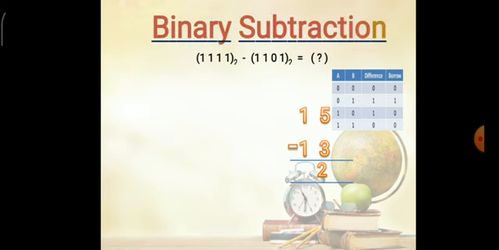So whenever we subtract a decimal 13 from a decimal 15, we will obtain a decimal 2. In the same way, if we subtract the binary of 13 from the binary of 15, we will get the binary of 2. Let's see.